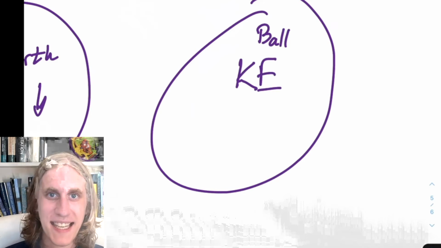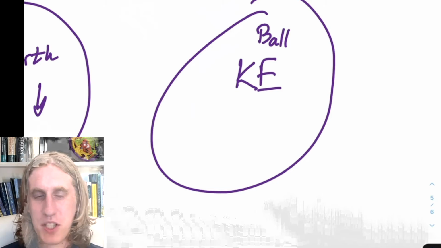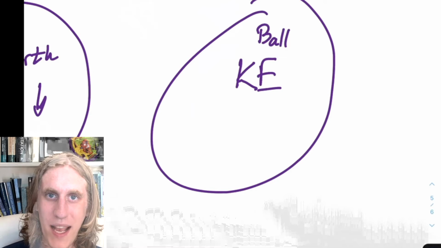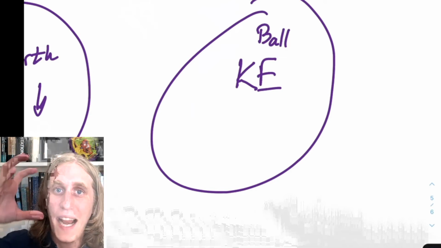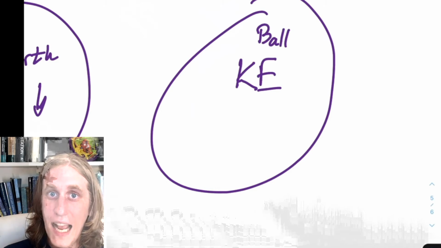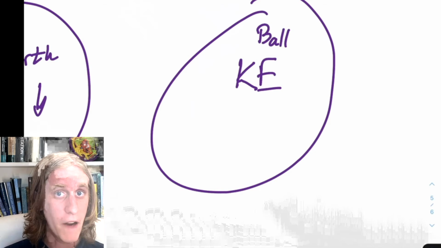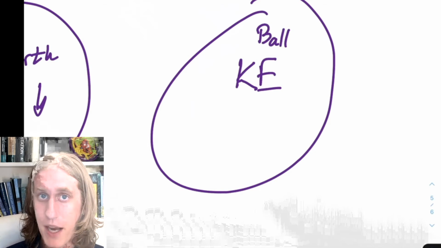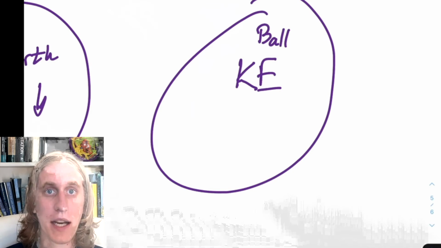What's happening to the kinetic energy as the ball falls? Well, think about how much kinetic energy the ball has when it's dropped. Initially, the person is holding the ball in the air and the ball is not moving. Kinetic energy is energy that an object has because it's moving, so it probably doesn't surprise you that an object that is not moving has zero kinetic energy.